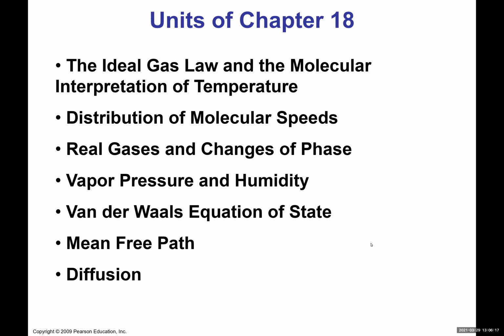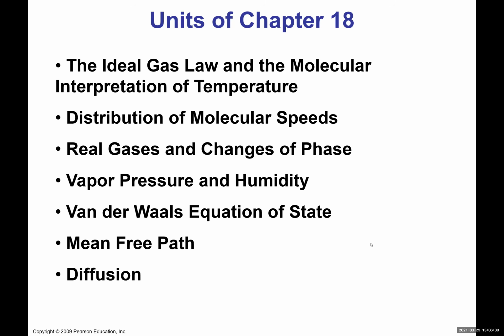And again, one thing we're doing in this chapter is comparing the ideal gas law to real gases. What are the differences, what are the things that we can ignore or neglect, and some of the things that we can't. If you're talking about real life applications, what are the things that you should take into account?